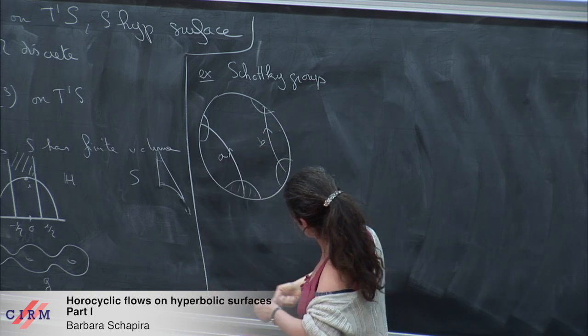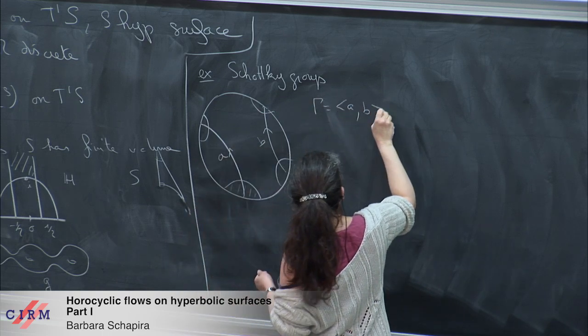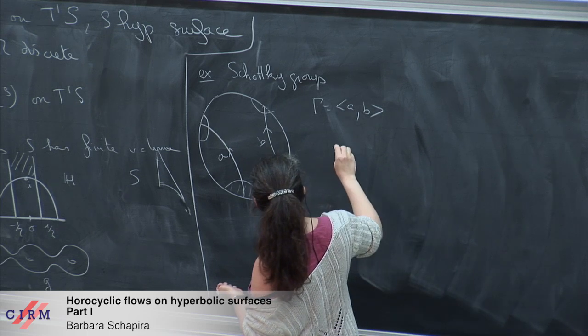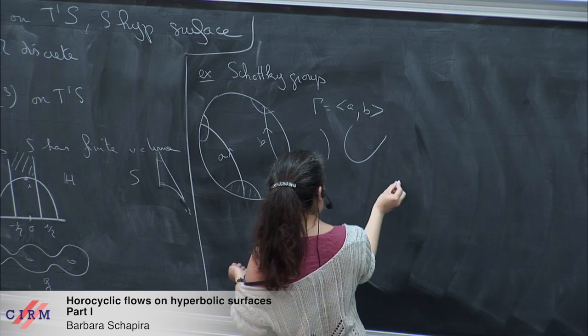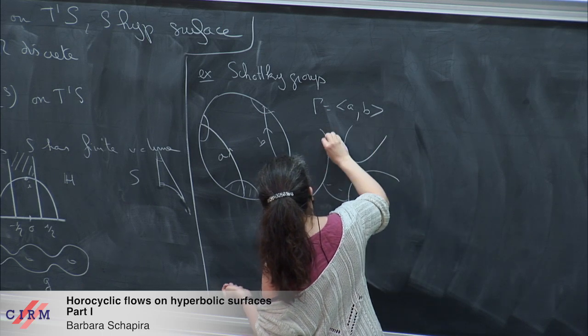If you look at the group generated by A and B, you can check that it's a free group, and the quotient surface is what is called a pair of pants. Something like that.